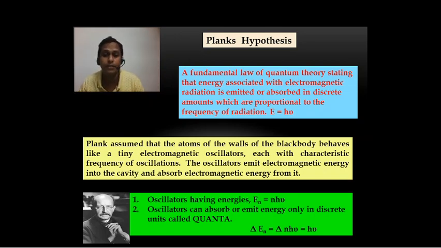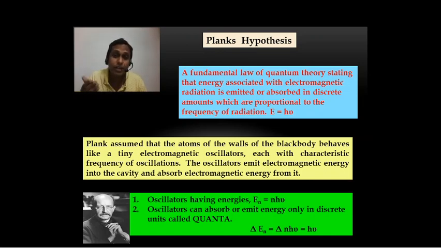We already mentioned while discussing the black body radiation that the walls of the black body behave like tiny electromagnetic oscillators, and each oscillator can oscillate at its own characteristic frequency. The oscillators emit electromagnetic energy into the cavity or absorb electromagnetic energy from it.